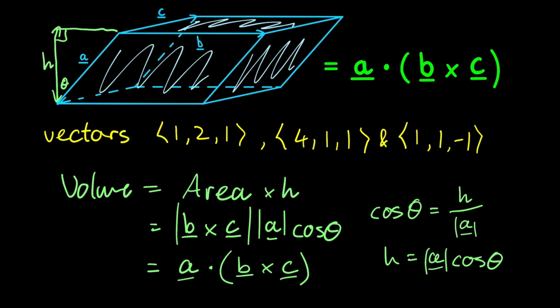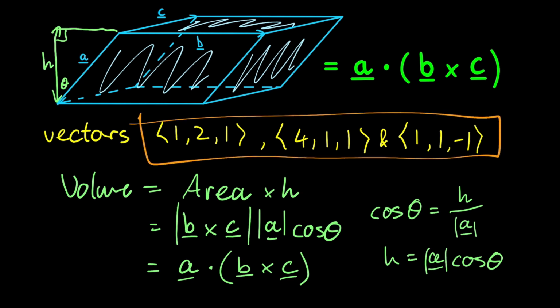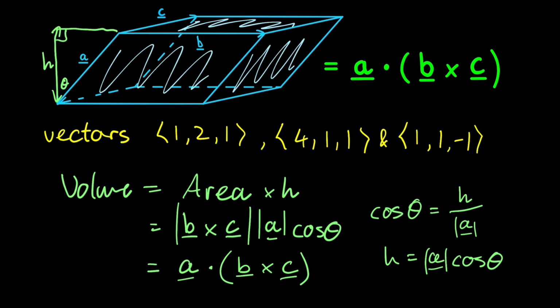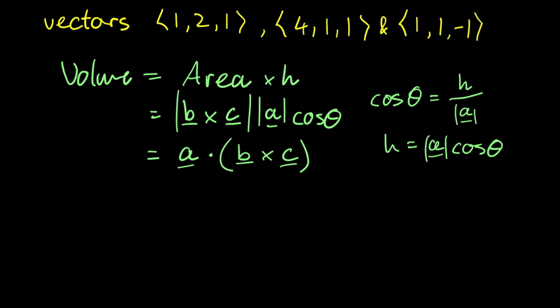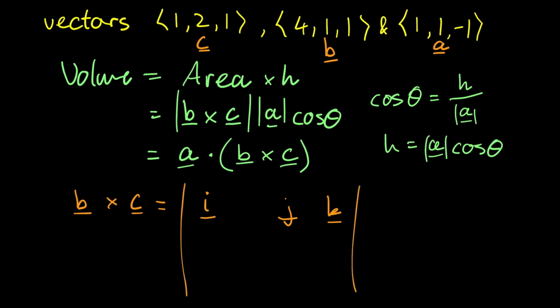So let's use it now to calculate the volume of a parallelepiped that is defined by these three vectors. It doesn't matter which vectors you choose for A, B, and C. So let's randomly choose this vector to be B, this vector to be C, and this vector to be A. So first we need to calculate the cross product of B and C. For the cross product, we use a determinant, and we put in our vectors.